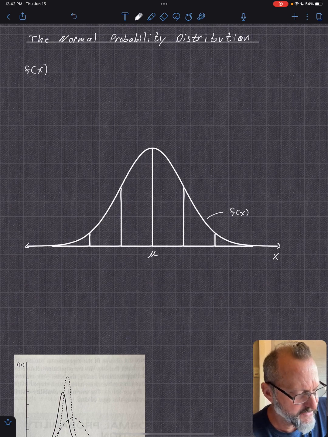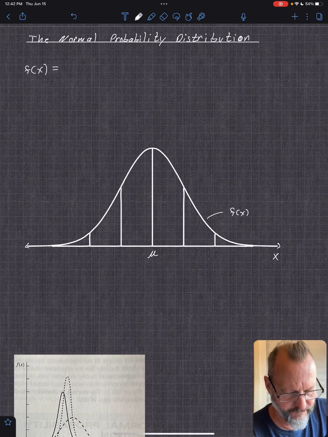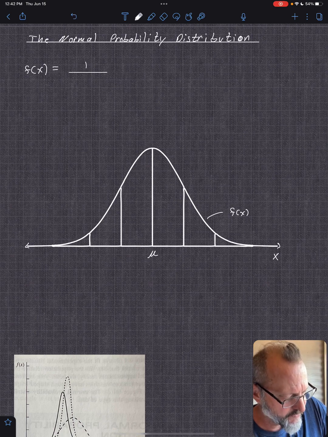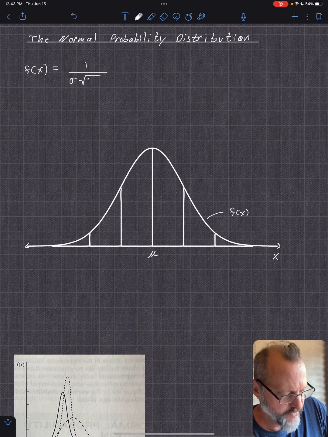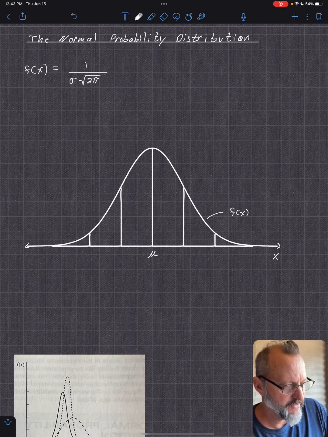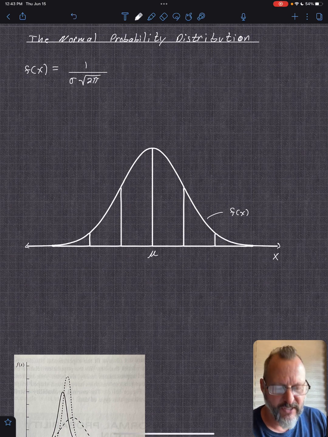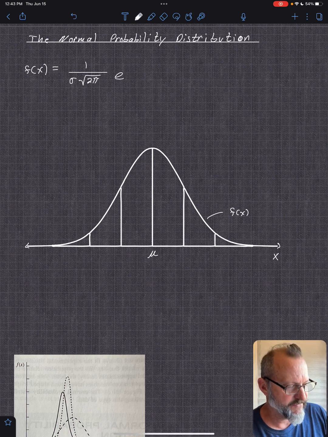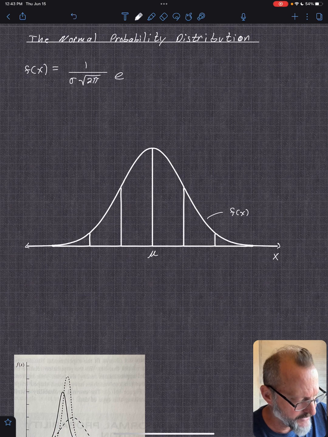So f of x is equal to, now remember sigma and a bunch of other symbols, 1 over, this is your coefficient, sigma times the square root of 2 pi. How someone derived this, I'm not sure. And then it's the number e raised to the, and this is a fraction. I'll try to draw it like a fraction.